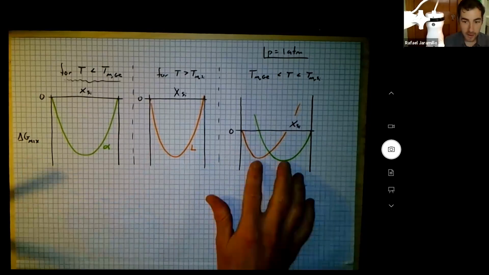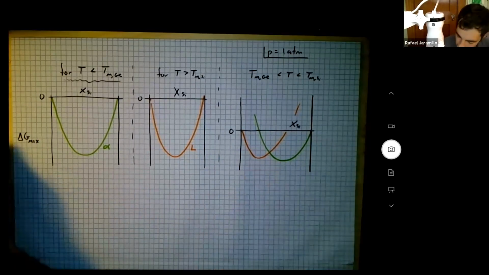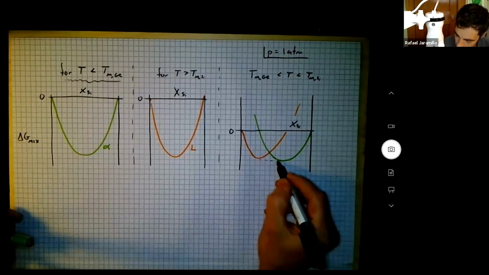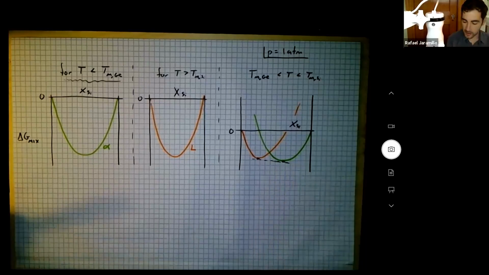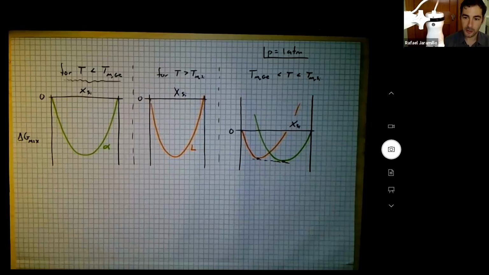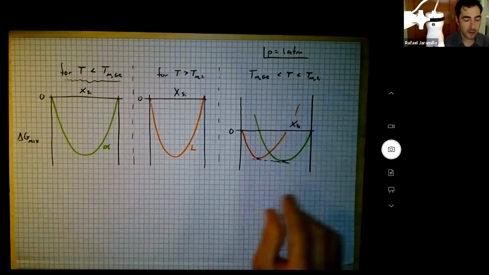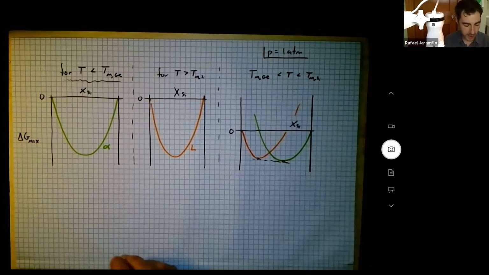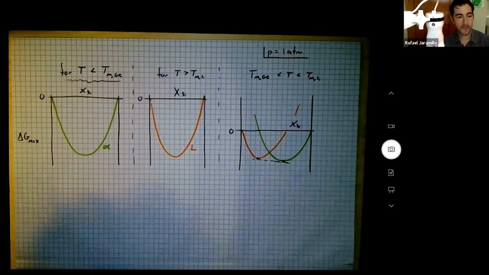And what do I have here? I have a common tangent, and I expect to have a common tangent because I have a two-phase region. For these temperatures, I have a two-phase region. So we're going to be analyzing this in quite a bit of detail.